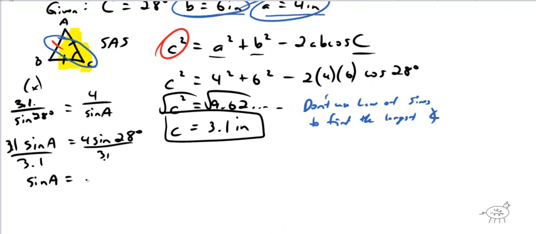So 0.6055. And then you do, of course, inverse sine. That's what A equals. You do inverse sine of the answer. I'm going to even write that, answer. Okay, because again, if you round that, it's going to be wrong.